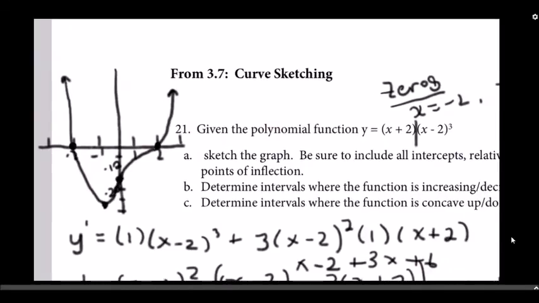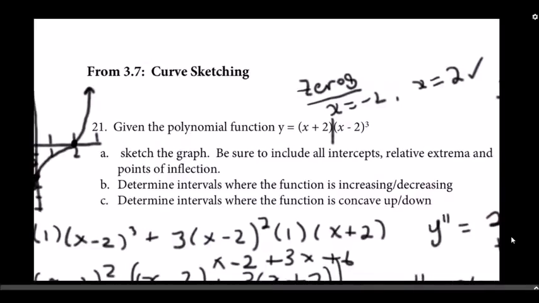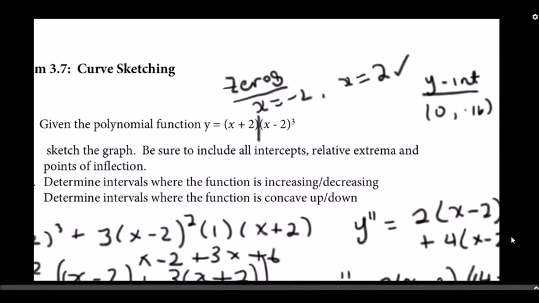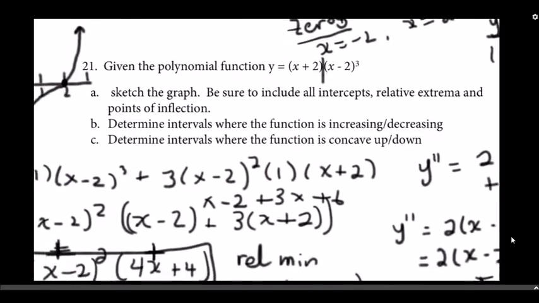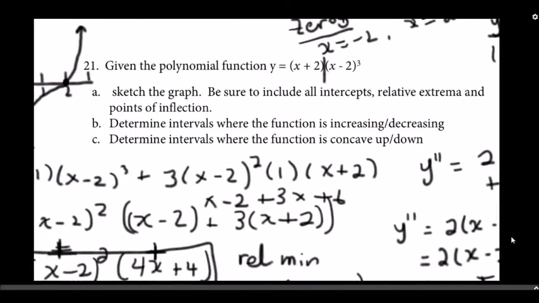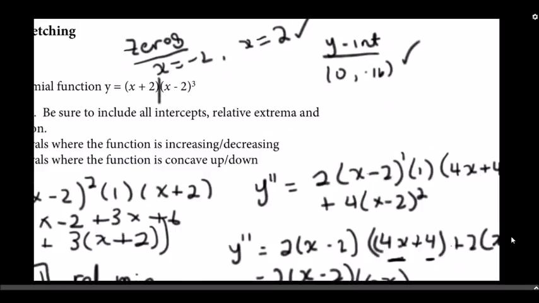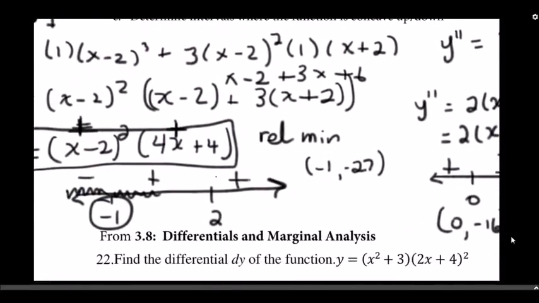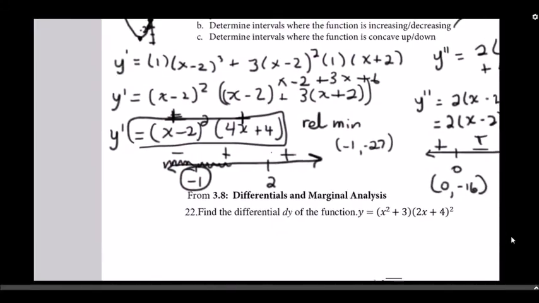Part B: determine the intervals where the function is increasing or decreasing. And part C: determine intervals where the function is concave up or concave down. So for this one, it's increasing, if we go back to the first derivative test, on those intervals because it's positive.